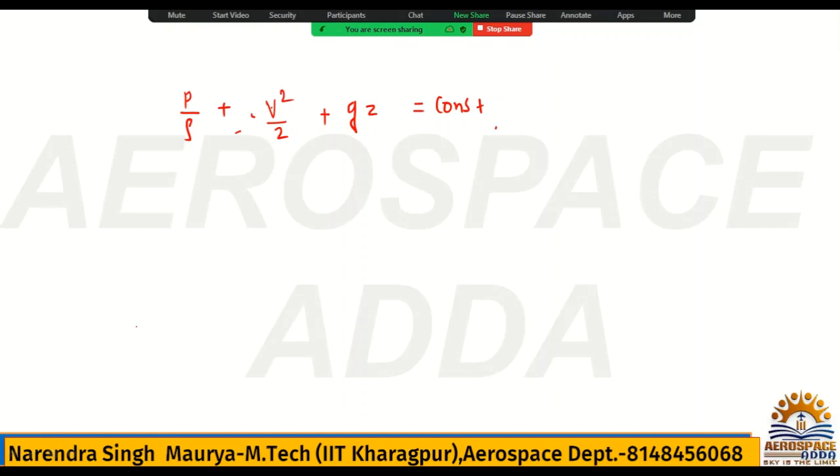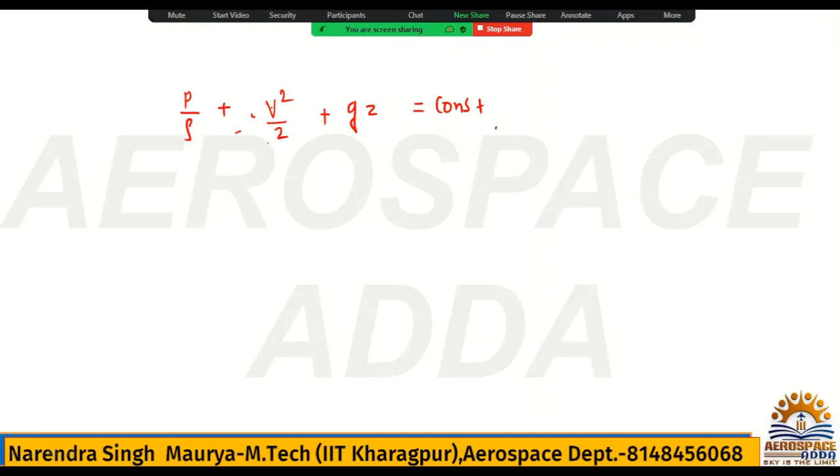Now again, you can write in different format. What is the another format you can write? If you check the unit here, this is the kinetic energy. mv square by 2 is kinetic energy, but mass is not there.